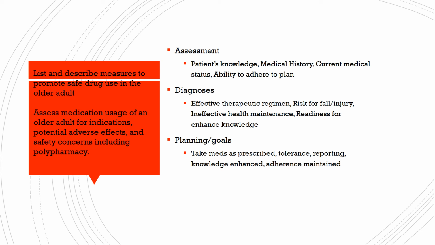The planning is that the patient's going to take the medicine as prescribed, and that they'll be able to tolerate it based on their renal, liver, cardiovascular function. They're going to report any kind of adverse effect, such as falls or anything for that matter, and that they'll understand how to administer the medicine, the actions, uses, adverse effects, and therapeutic effects as well, and how to adhere to the medication.